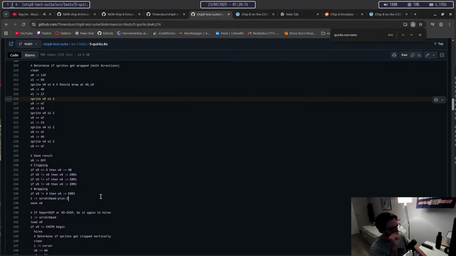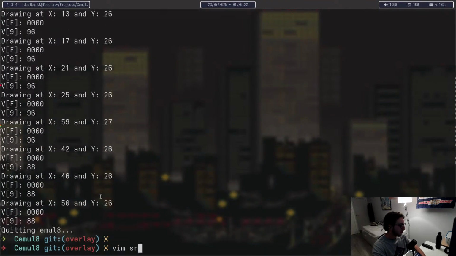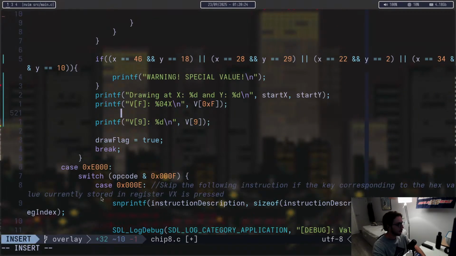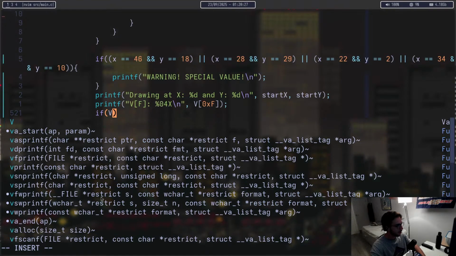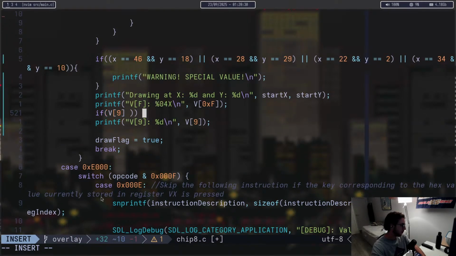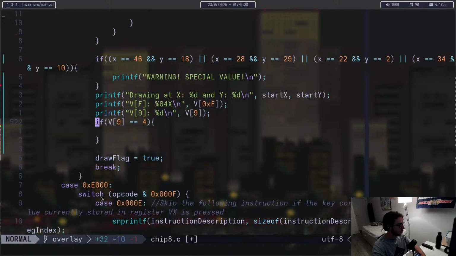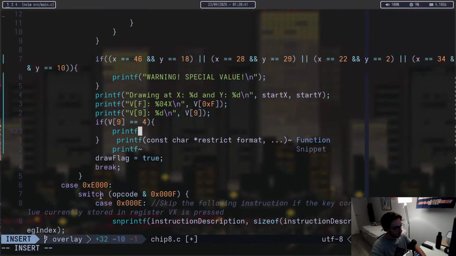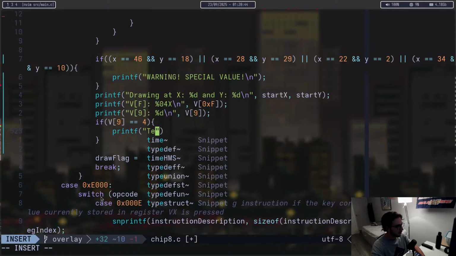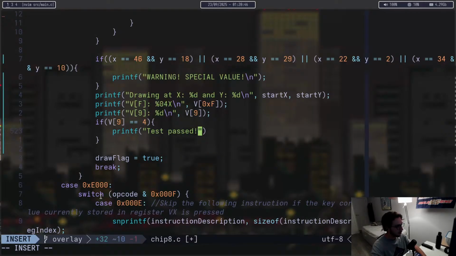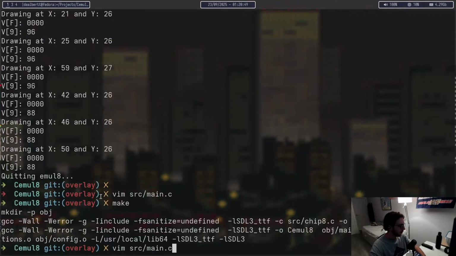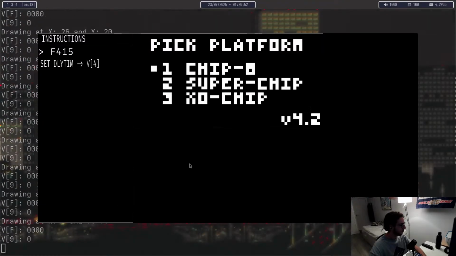Okay, so if it's different than 4, then it's error 2. So I guess I could say, I mean, clearly it's not going to work, but if B9 equals, whoops, 4. And I guess I could keep it this way up and then say test passed. Which is clearly really not gonna work. But, whoops.